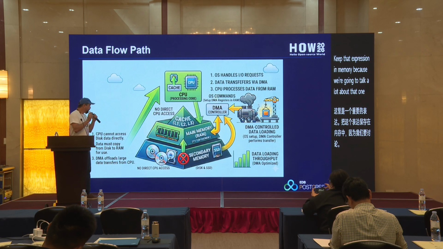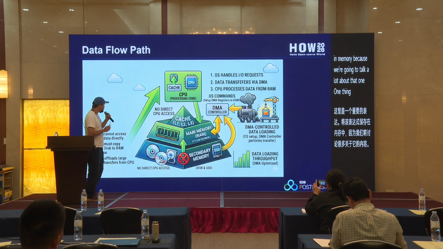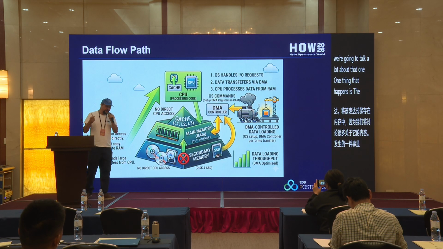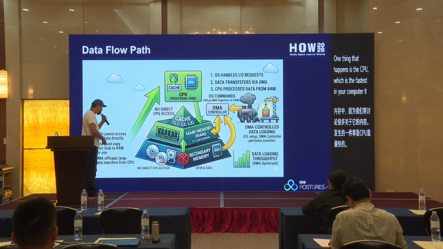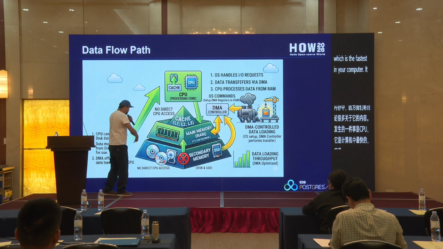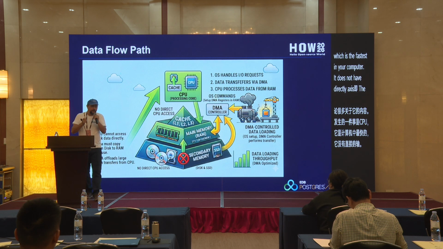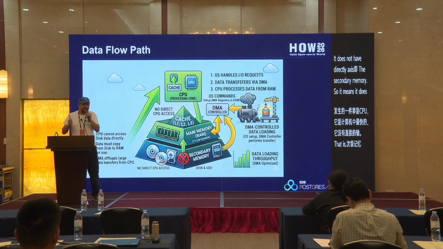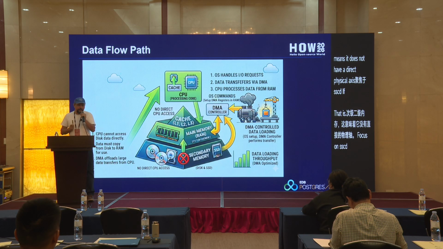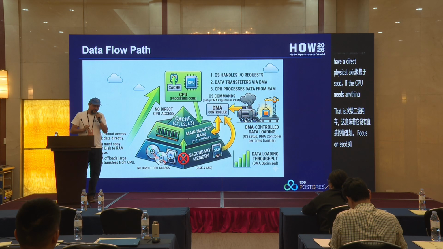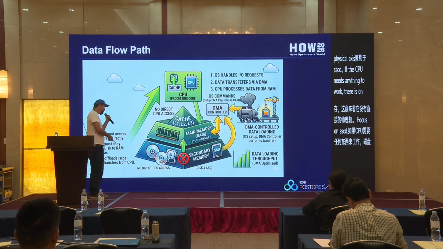One thing that happens is that the CPU, which is the fast thing in your computer, does not have direct access to the secondary memory. It means it does not have direct physical access to your SSD. If the CPU needs anything that is on disk, it needs to ask the memory.